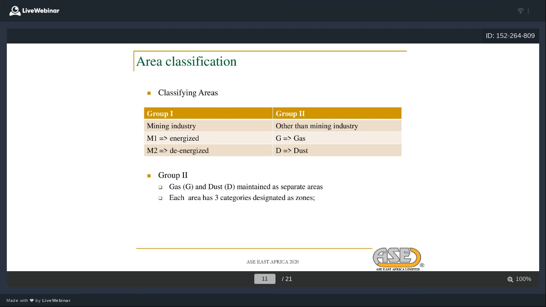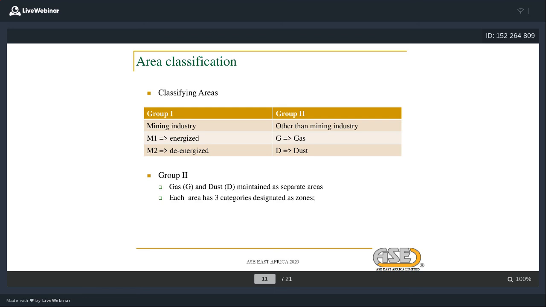And group 1 is subdivided into 2 groups, M1. M1 is when we allow the device to remain energized during the explosive atmosphere, and then we call it M1.